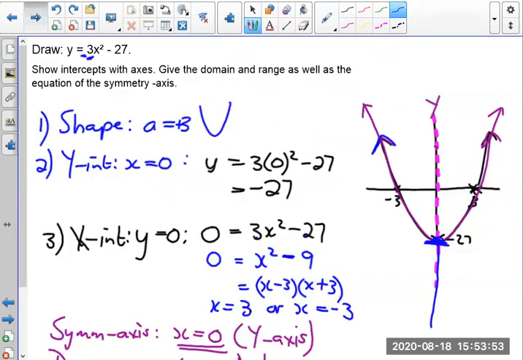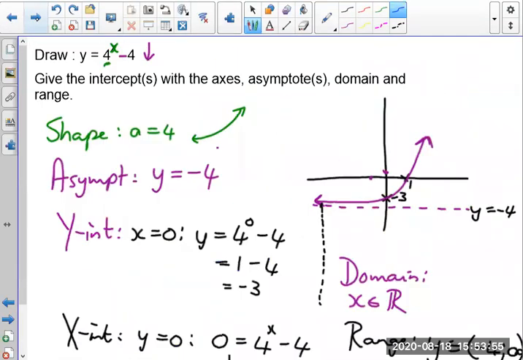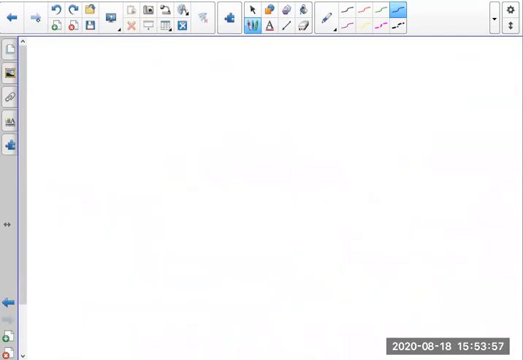Okay, I want to show you something else about the exponential graphs. If I say draw y equals minus 2 to the x, what does that mean?